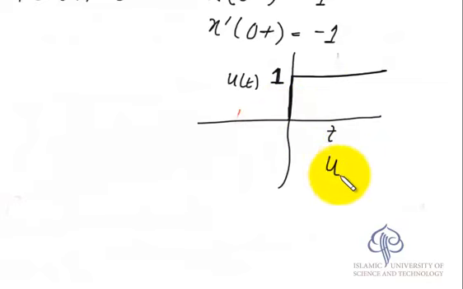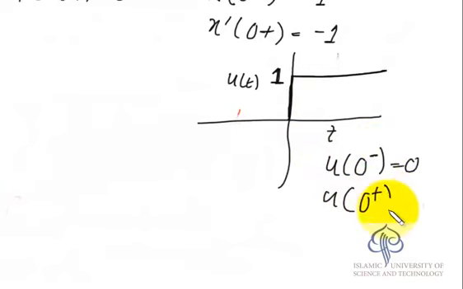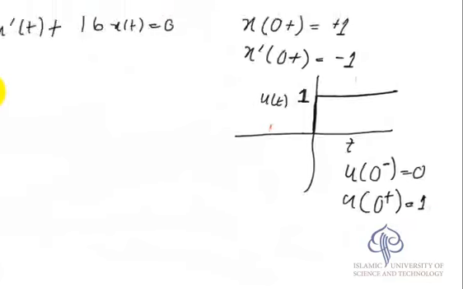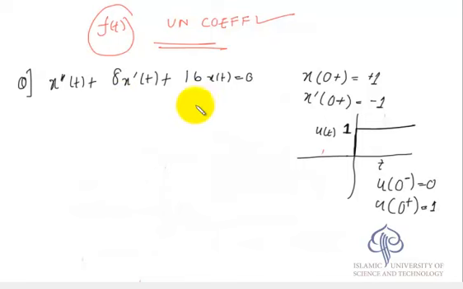You know that at 0 minus, just before 0, it is 0, and you know that at 0 plus it is 1. So you need to differentiate between the value of the function at 0 minus and at 0 plus. That's why you have initial conditions at 0 plus. This is a very rough way of saying it, but I think this should be sufficient for us. 0 plus means just after 0 and 0 minus means just before 0.